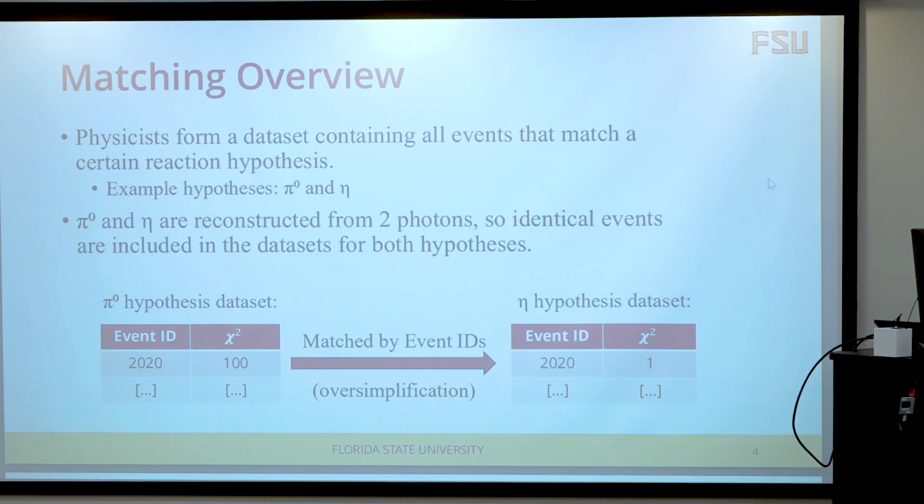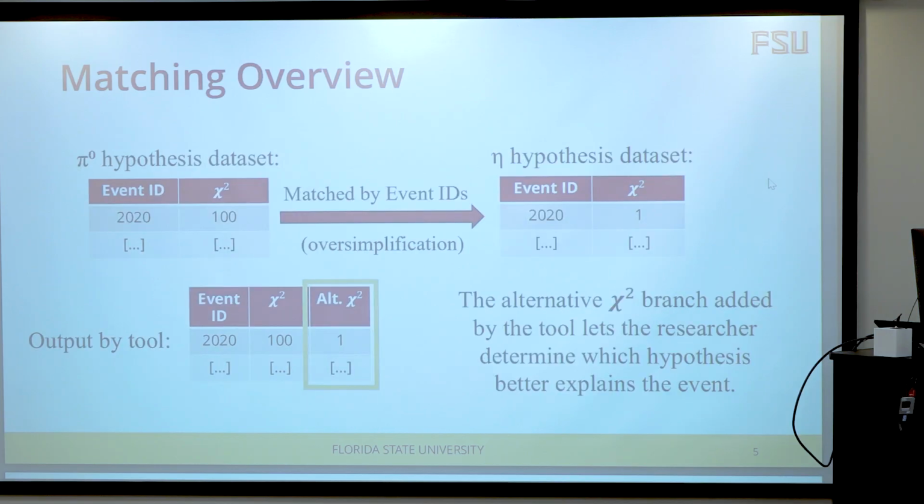But in reality, in the actual experiment, each of those identical events can only have been in one or the other data set, and we have to try to identify which hypothesis better explains the case that we saw. So this is an example of such a data set with exactly 1 matched event.